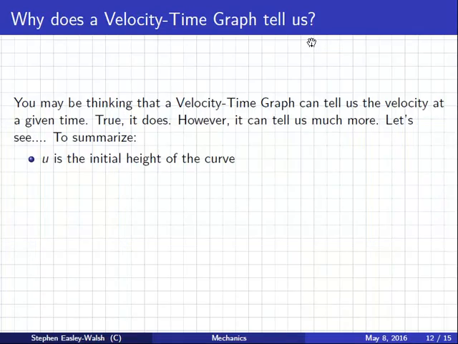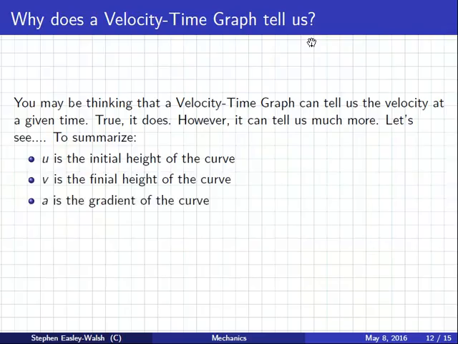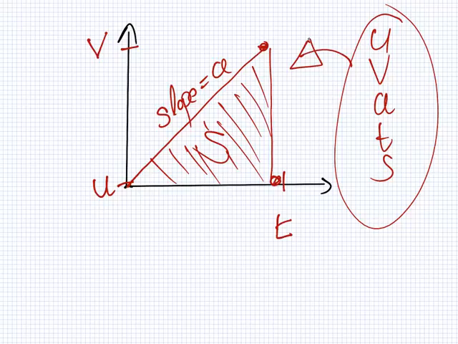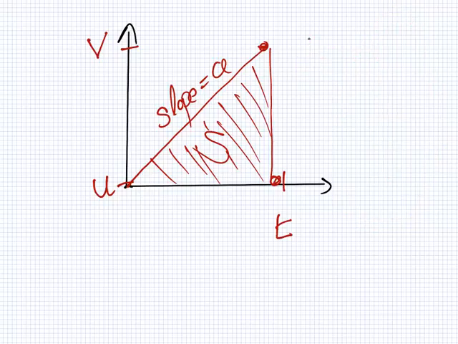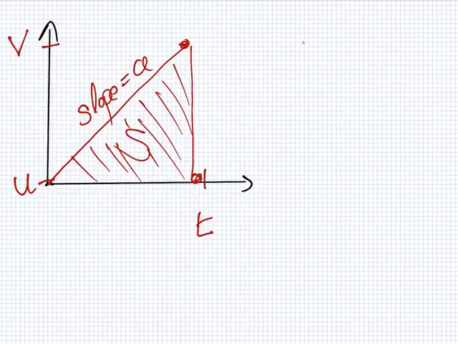To summarize, U is the height at the start, V is the height at the end, A is the slope, the gradient, T is the time, the length of the base, and S is the area under the curve. Or if you want it as a picture like this, you can see them all. At the very least, draw this, I think that's enough.